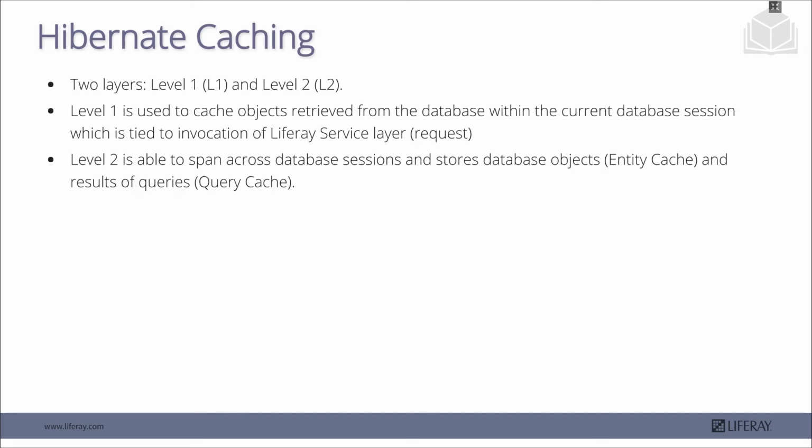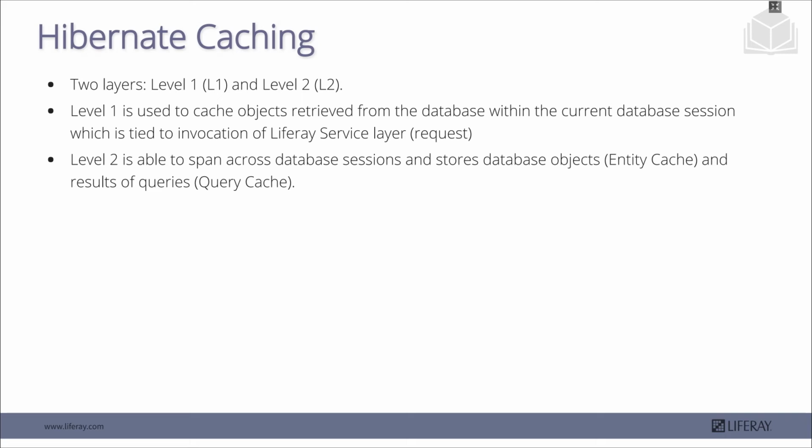So we have our first two layers of caching dealt with in Hibernate. We have level 1 and level 2. Level 1 is what's used to cache objects that are coming from the database, or what we have retrieved from the database, and it's working with the current session that we have.